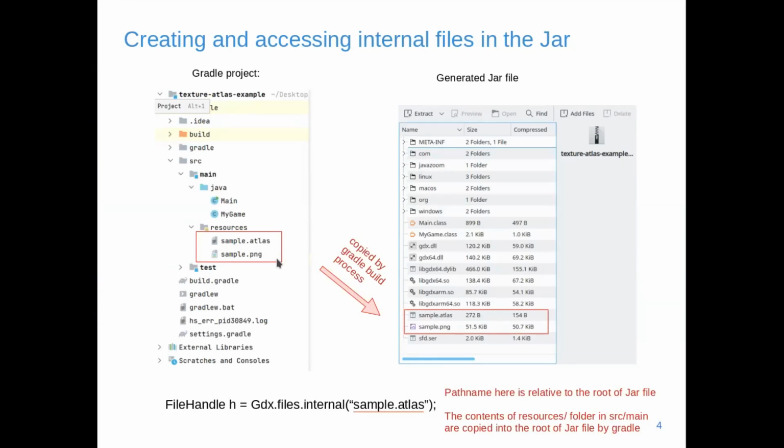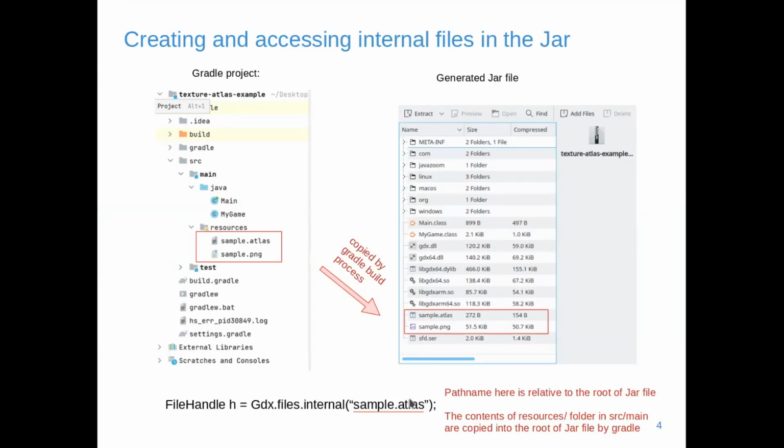When the Gradle project is built, the content of this resources folder is simply dropped into the jar file as is. So anything that you add into the resources folder appears in the root of the jar file. Remember that a jar file is just a zip file.